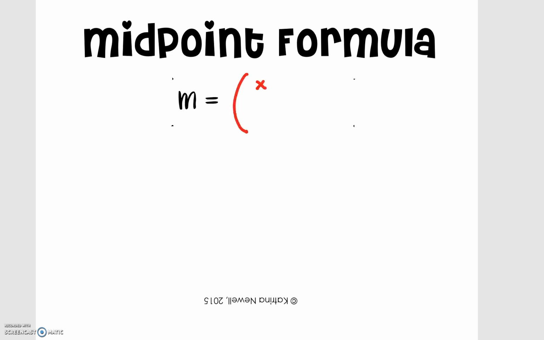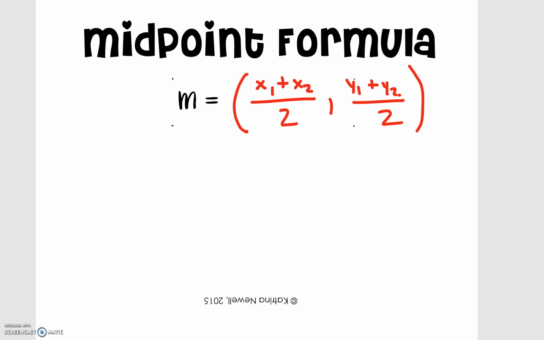And it's x sub 1 plus x sub 2 divided by 2 and y sub 1 plus y sub 2 divided by 2. And don't get scared about the little tiny ones and twos. I will explain to you what they mean. We've done them before.